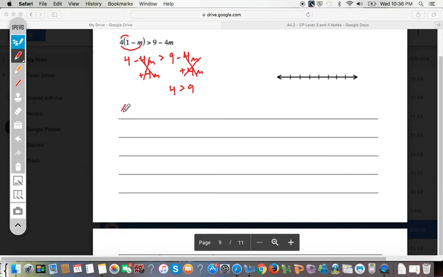So, same thing here. We no longer have a variable.